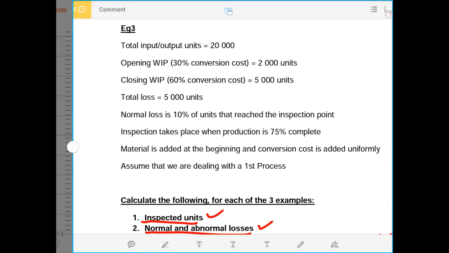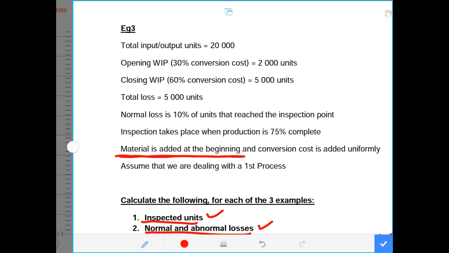There will not be a closing balance of material not yet introduced in the process of production, because all the material is added at the beginning of the process. That is most of the cases. However, in some cases, material can be introduced in the middle of the process. Just like if you are manufacturing a table, all the planks that you need will be there as you start the production process.